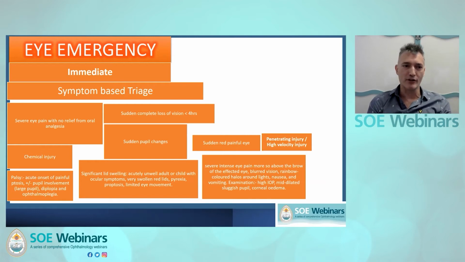These are much easier to operate by junior staff and easily interpretable. If you contact somebody experienced with just symptoms, they can understand what you're on about and guide you from there. Any chemical injury, penetrating injury, again, that's very important. Any sudden double vision, any flu-like illness, systemic illness with eye problems, again, very important to highlight.